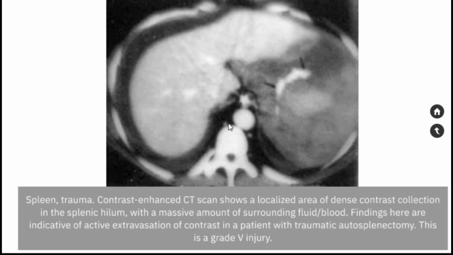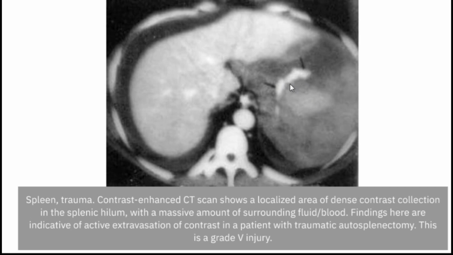And this is also trauma. In the spleen, we can see in the place where the spleen sits, a big hematoma, and there's also dense contrast collection in the splenic hilum.